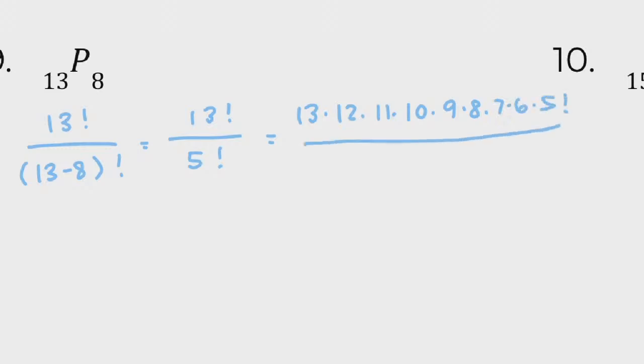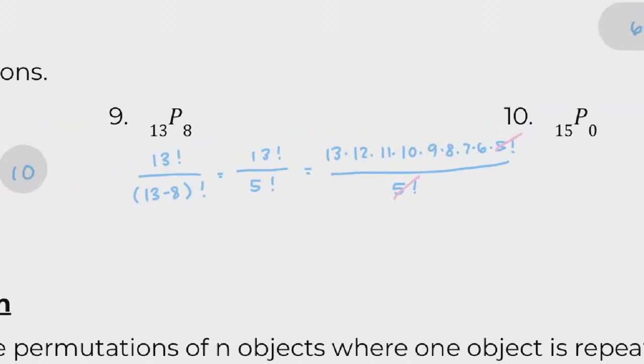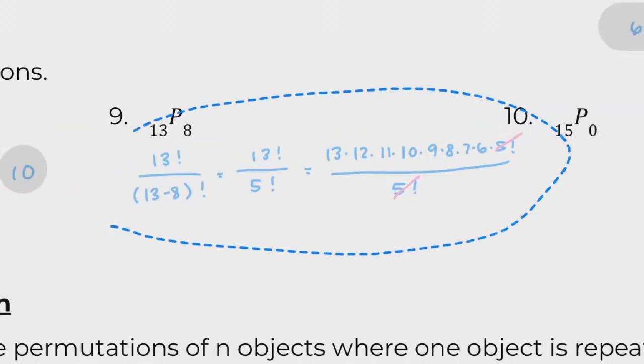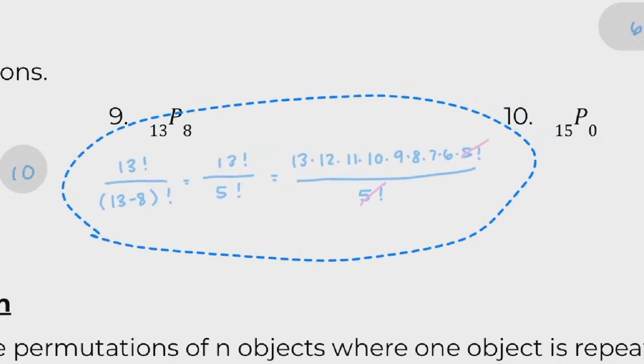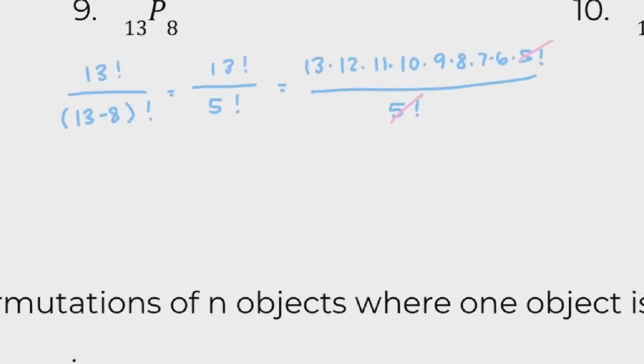And we're going to stop at 5 factorial because that's where it can cancel out with the denominator. So we're multiplying 13 times 12 times 11 times 10 times 9 times 8 times 7 times 6, and you'll get 51,891,840.